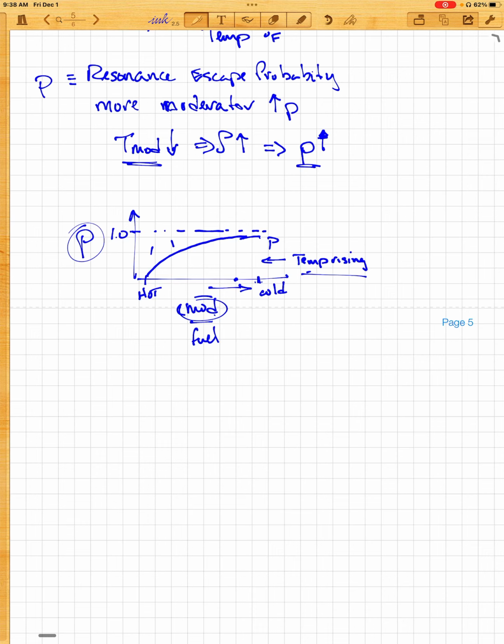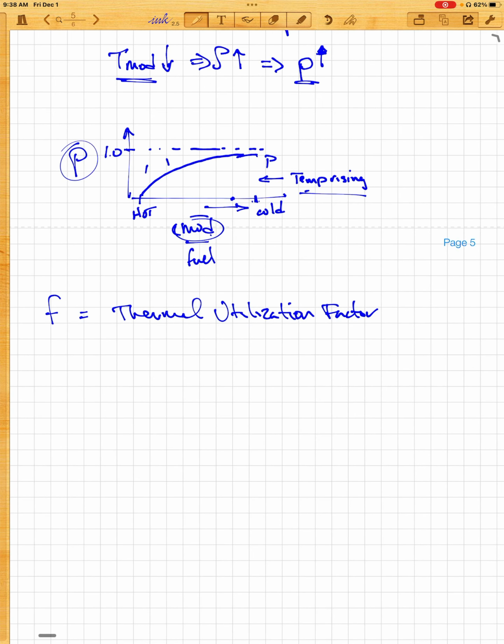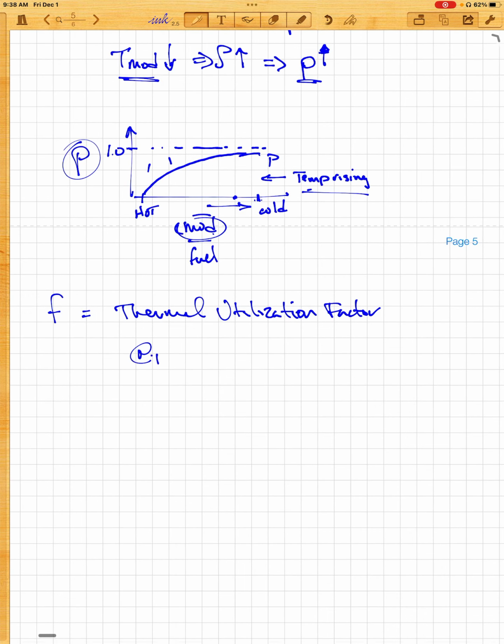So let's talk about F. F, the thermal utilization factor. Thermal utilization factor. And that's thermals absorbed in fuel divided by thermals absorbed in core.